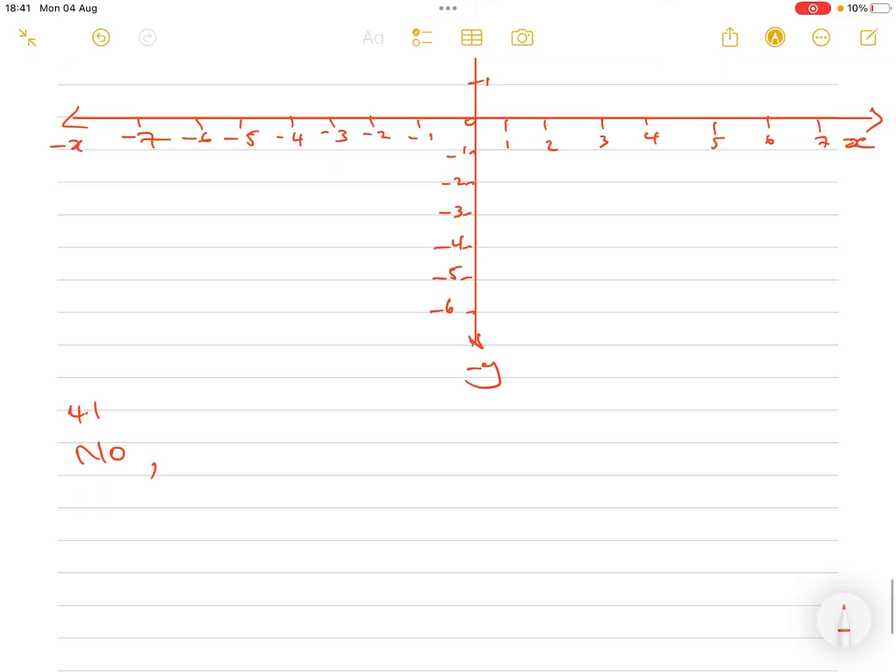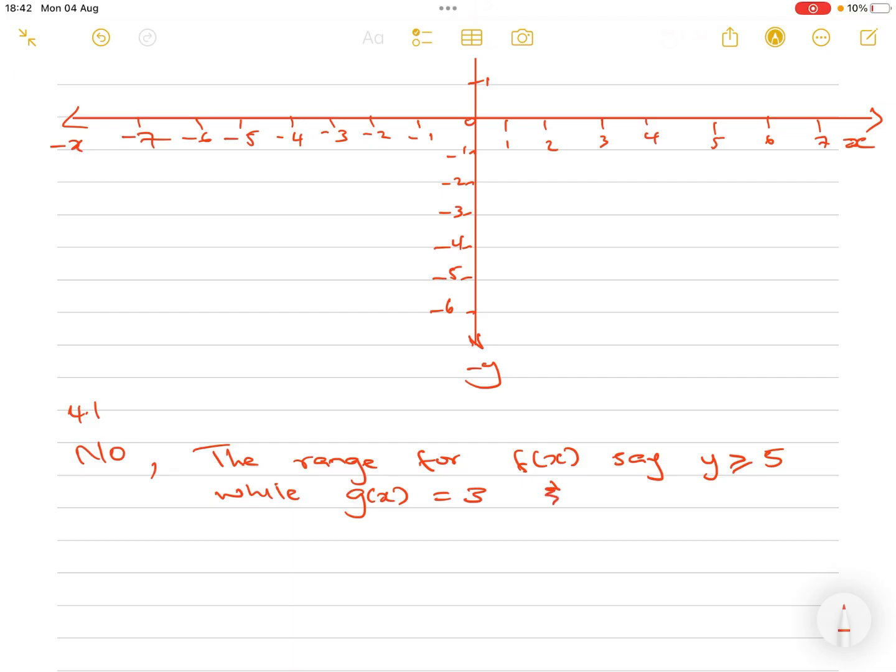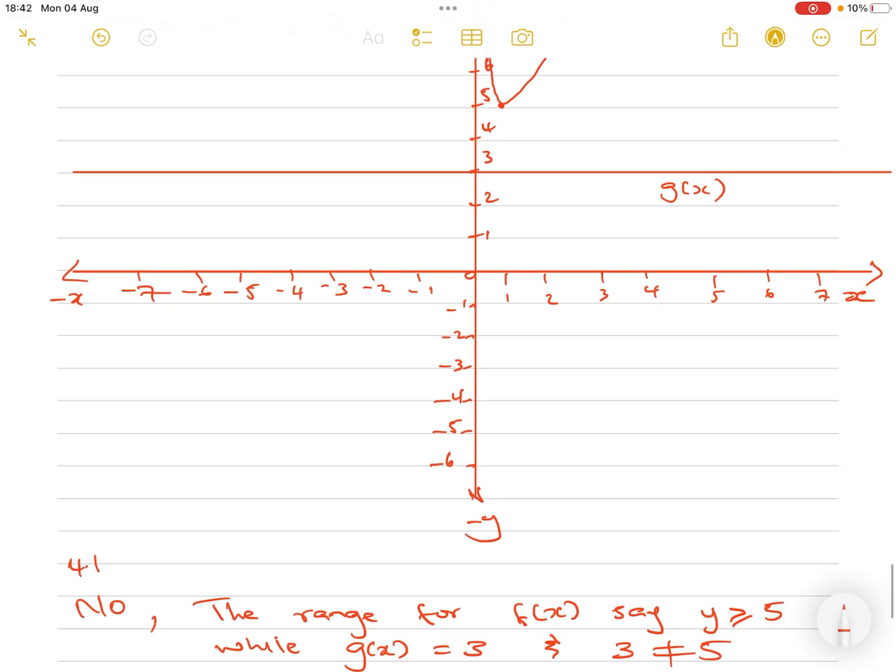The reason is because the range for f of x says y is greater than or equal to 5, while g of x is equal to 3, and 3 cannot be equal to 5. So that is what was required.